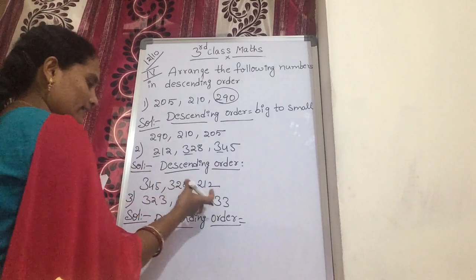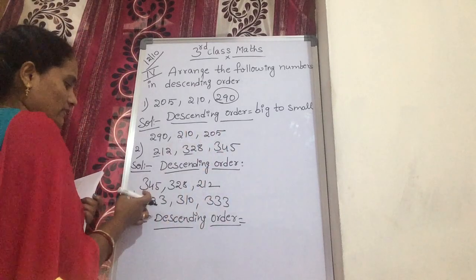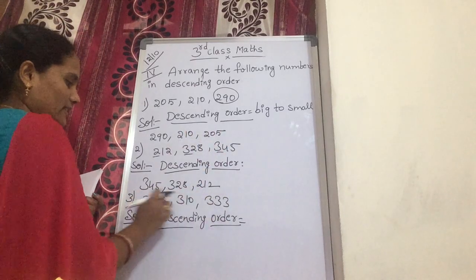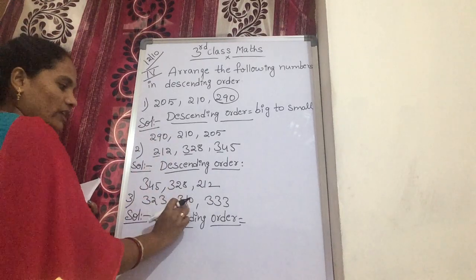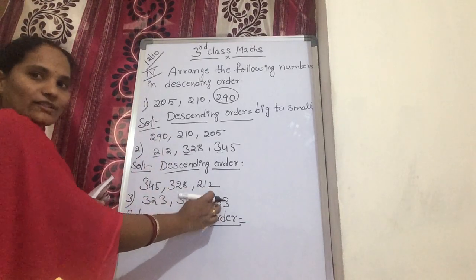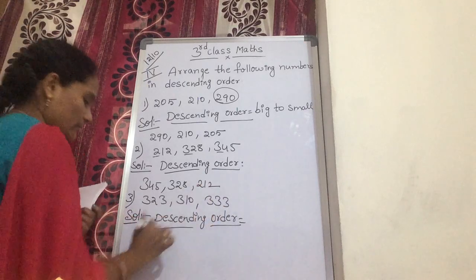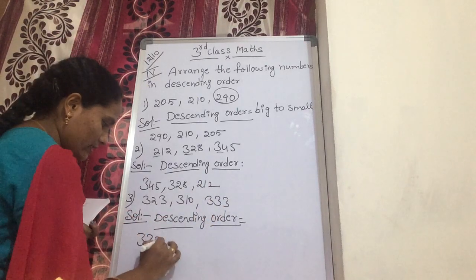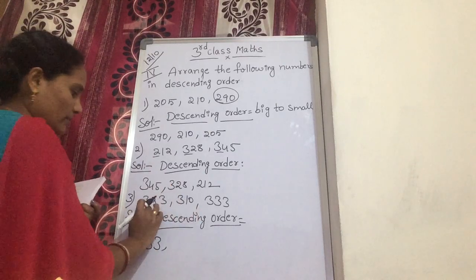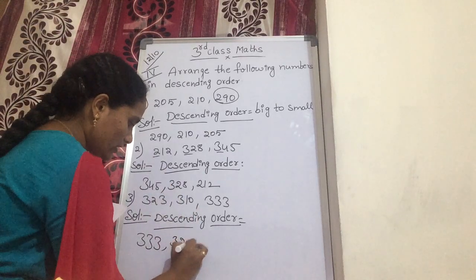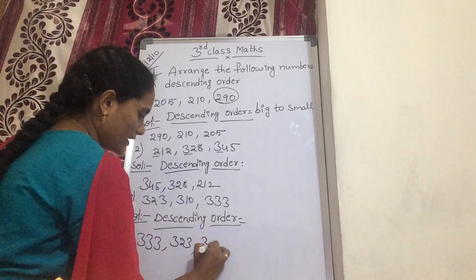In the hundreds place, all are 3. So we are checking in tens: 2, 1, 3. 3 is the big one. So our first big number is 333. Next, 2, 1. 2 is the big. Next big number is 323. Now last one, 310.